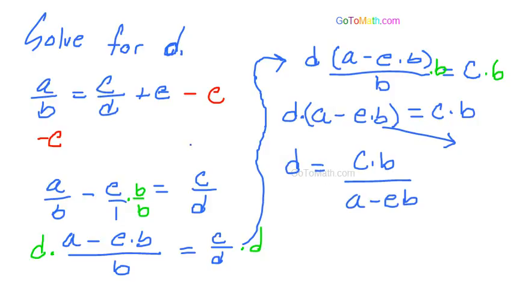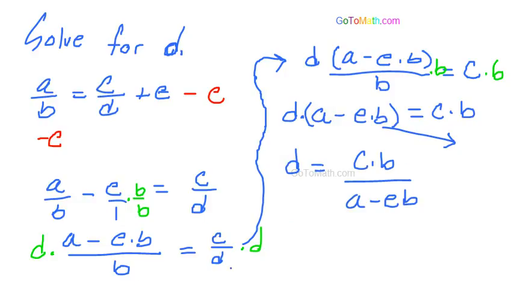Now remember what I said here? That you could just flip this, and this would be B over A minus EB, right? And this would end up being D over C, and then of course you'd multiply both sides by C, and that's how the C would get up here in the numerator, C times B.